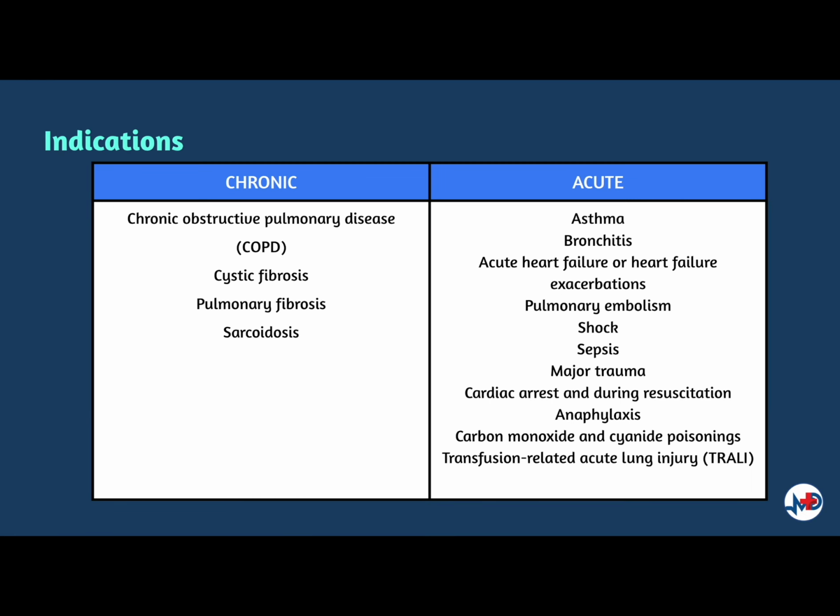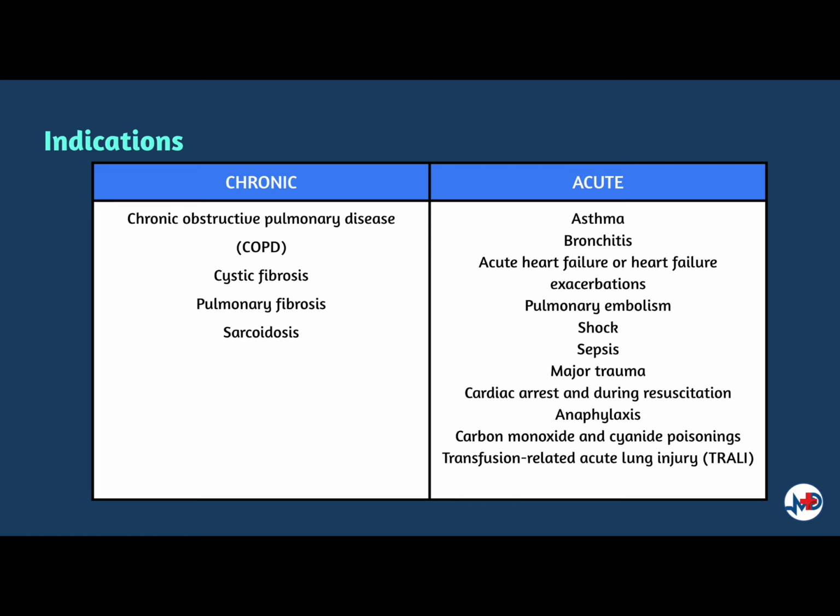Now, what are the indications of oxygen administration? Well, it can be divided into acute and chronic conditions. As for chronic conditions, some patients may require oxygen therapy, and conditions include chronic obstructive pulmonary disease, cystic fibrosis, pulmonary fibrosis, and sarcoidosis.